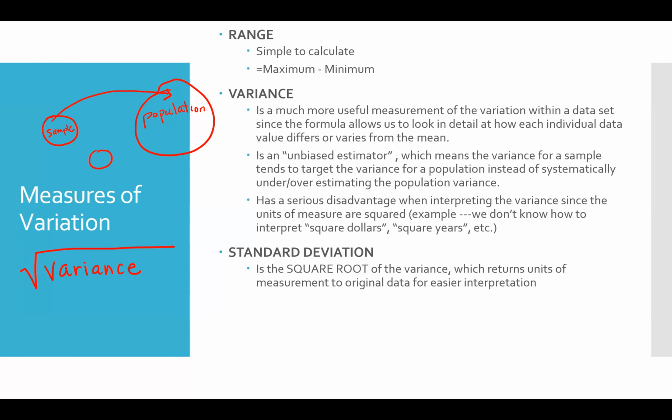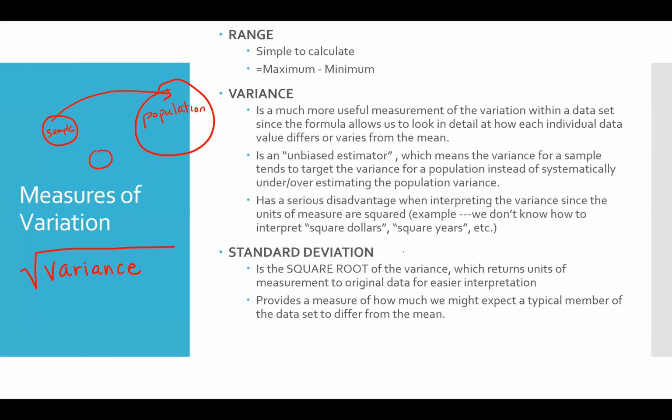And when we take the square root, that puts us back into the traditional units of years or dollars or whatever it is we're talking about. So we tend to use the standard deviation more so because it gives us a measure of how much we might expect a typical member of the data set to differ from the mean.